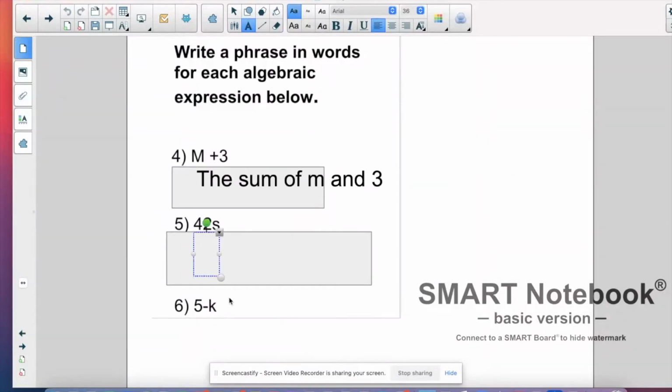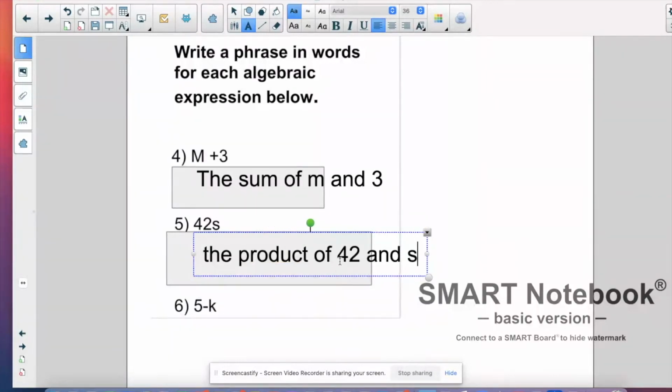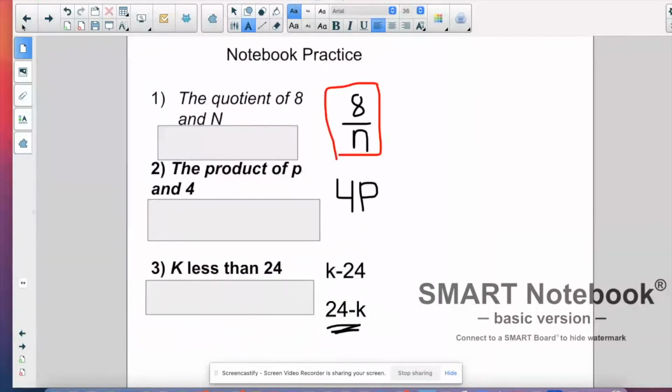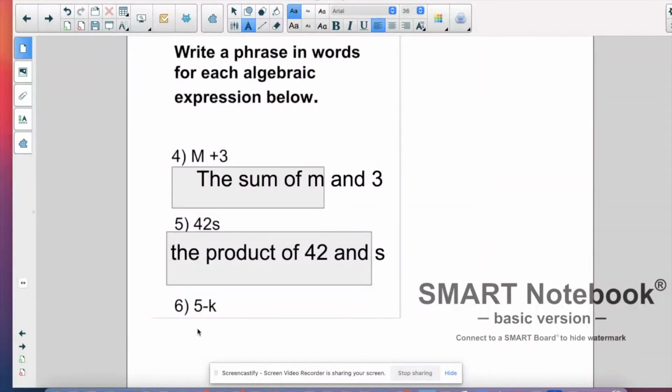So I have here the product of 42 and s. Number 6, we have 5 minus k. Okay, well, there's lots of different options I can do for this, but I think I'm going to stick with the than method here, and I'm going to say that I have k less than 5. And again, options and answers will vary for this. These are just a few.